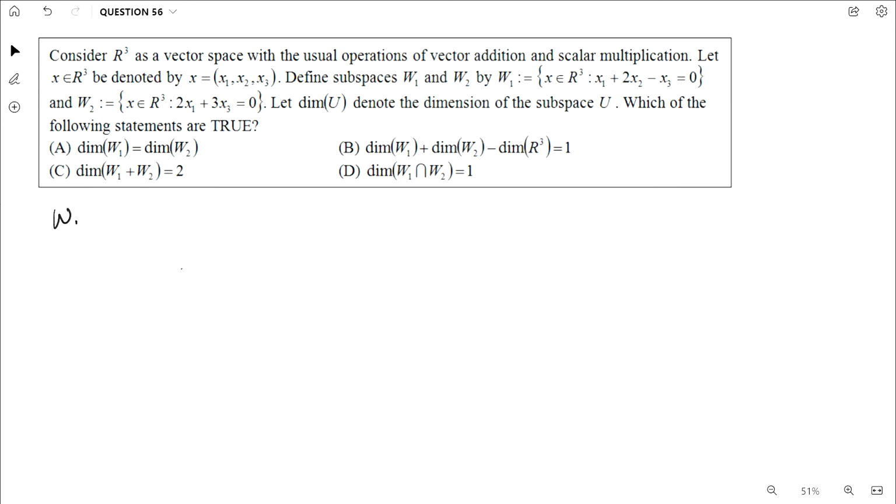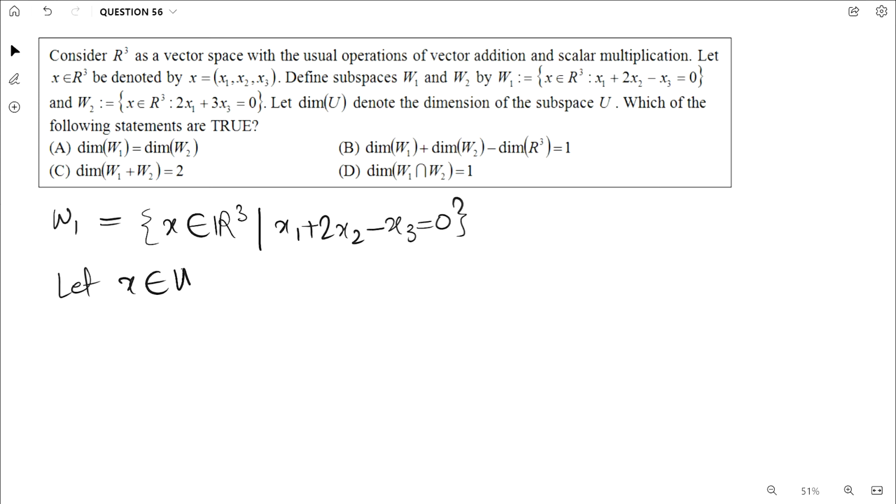Now W1 is x belongs to R3 such that x1 plus twice x2 minus x3 is equal to 0. Let x belong to W1. This implies x1 plus twice x2 minus x3 is equal to 0.